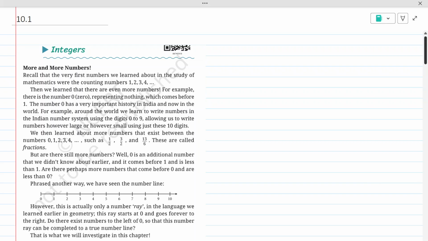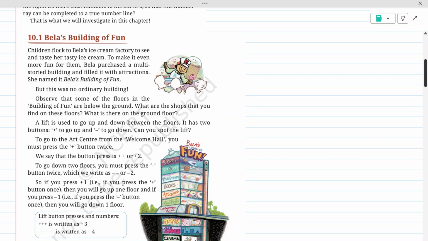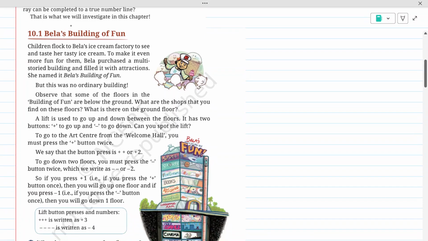Next is a fun activity in 10.1, which is Bella's Building of Fun. Children flock to Bella's ice cream factory, which is this one, to see and taste her tasty ice cream. To make it even more fun for them, Bella purchased a multi-story building and filled it with attractions. She named it Bella's Building of Fun.